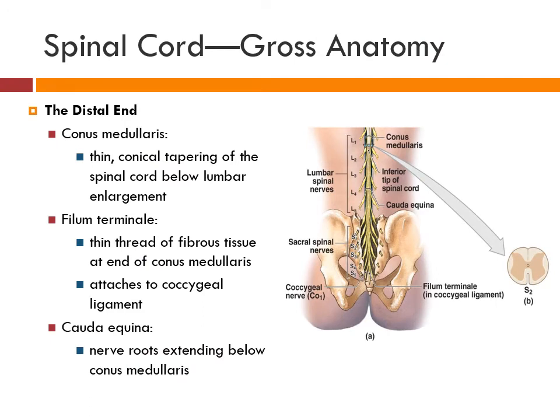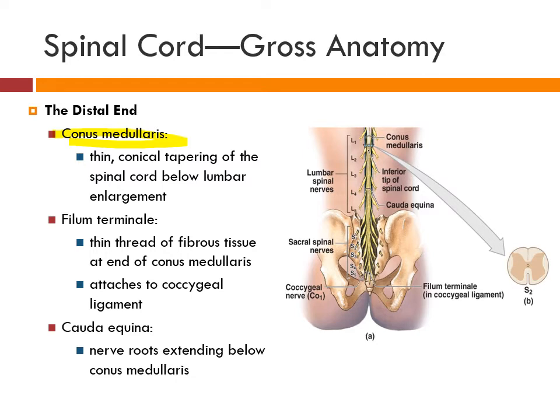The distal end, or the end further away from the head, ends between L1 and L2 at a thin tapering called the conus medullaris. We see that right here, conus medullaris. So that is the distal tip of the spinal cord where it ends, just below the lumbar enlargement.